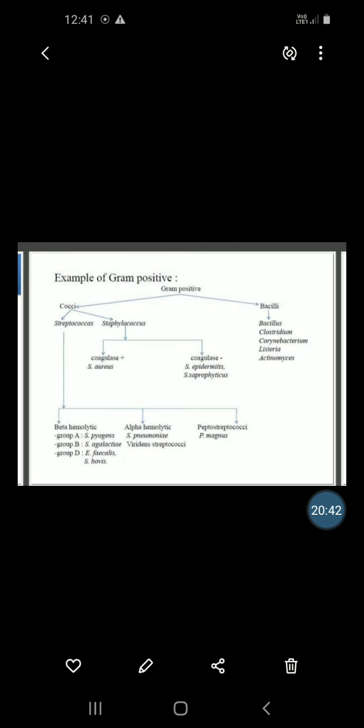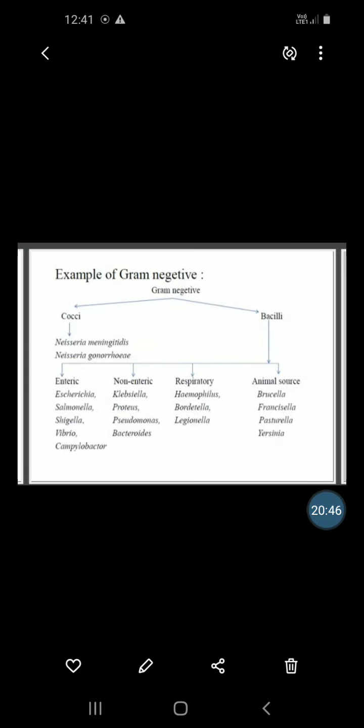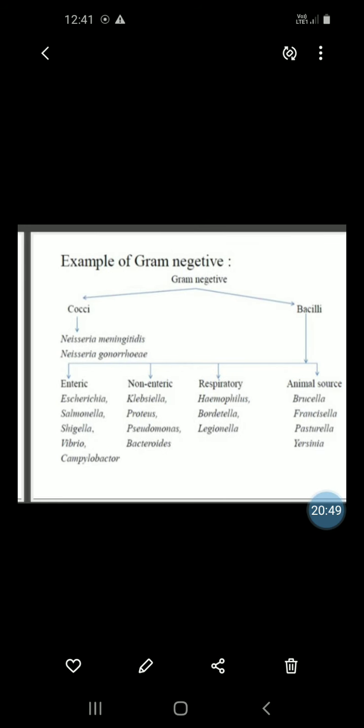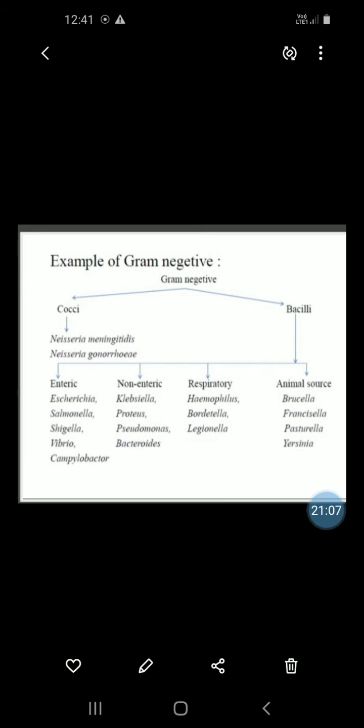Then we see examples of gram-negative bacteria, cocci and bacilli. Here the Neisseria meningitidis and Neisseria gonorrhoeae. First enteric, then non-enteric, respiratory and animal source. Enteric: Salmonella, Shigella, Vibrio and Campylobacter.